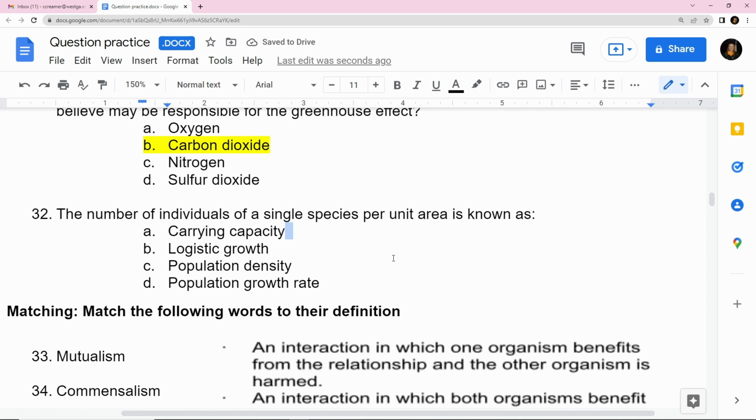The number of individuals of a single species per unit area is known as carrying capacity, logistic growth, population density, or population growth rate. If you said C, population density, then you would be correct.